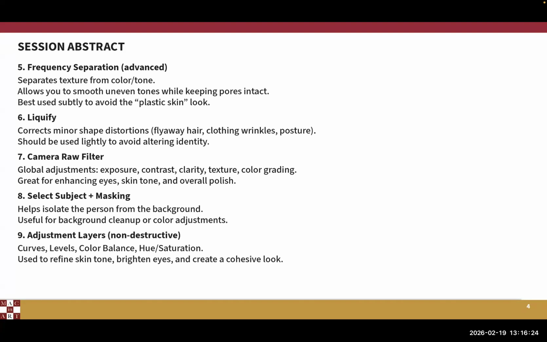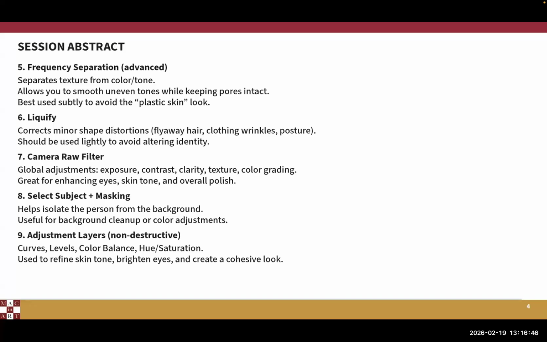I wrote that it is advanced, but it's not so hard, and I have a video for you at the end so you can see how you can start doing it. It separates texture from color and tone, allowing you to smooth uneven tones while keeping pores intact. Best used subtly to avoid a plastic skin look.